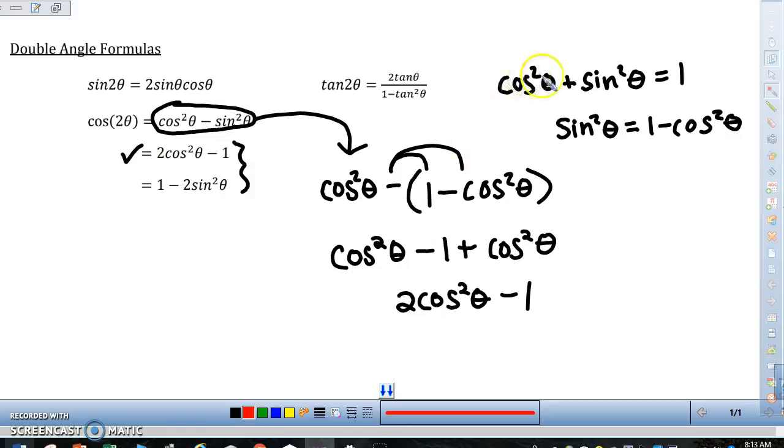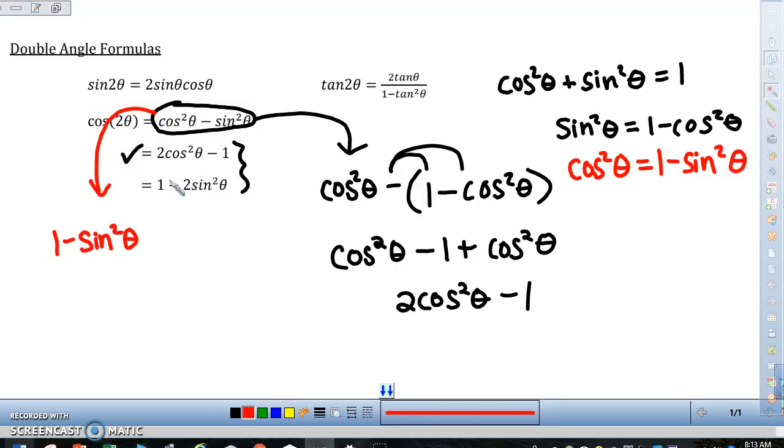Now if we go back to our Pythagorean identity, we could do something similar. Instead of subtracting cosine squared from both sides, we could subtract sine squared from both sides. So cosine squared is equal to 1 minus sine squared. If we do the same thing, we'll replace cosine squared with 1 minus sine squared, and then we're still subtracting sine squared.